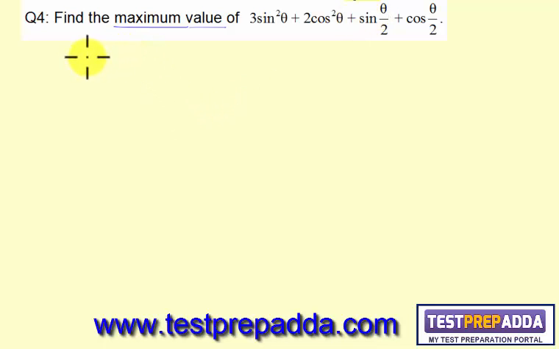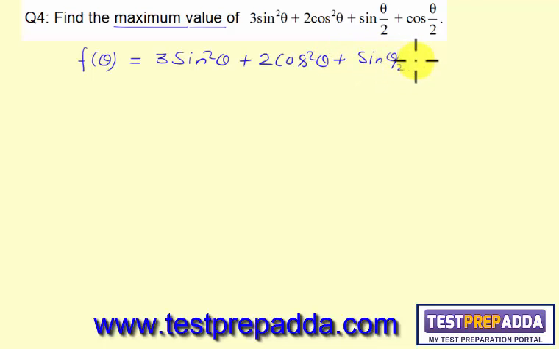So here the function, if I write f(theta), then it will be 3 sin square theta plus 2 cos square theta plus sin theta by 2 plus cos theta by 2.